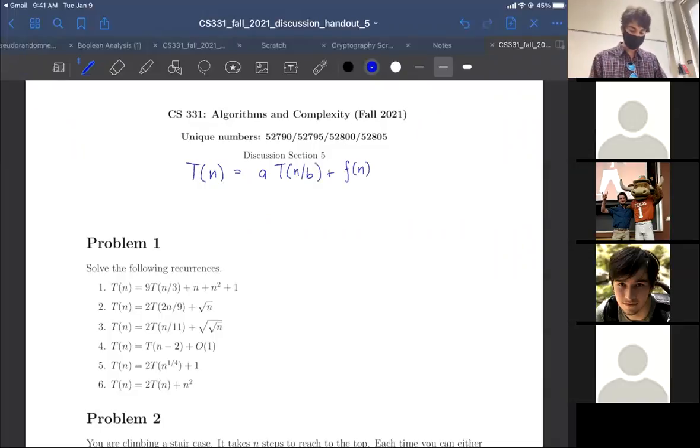When we replace f of n with something like theta of n to the d, this is called the master theorem. We can apply the master theorem to solve this kind of recurrence. It's called the master theorem because whenever you have a recurrence of this form, you have a master key to solve the problem.